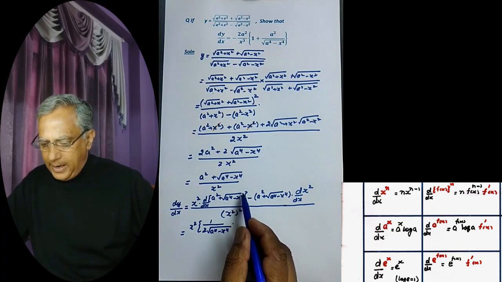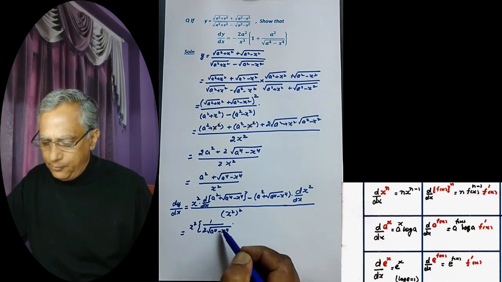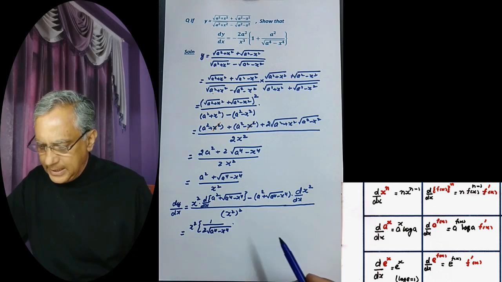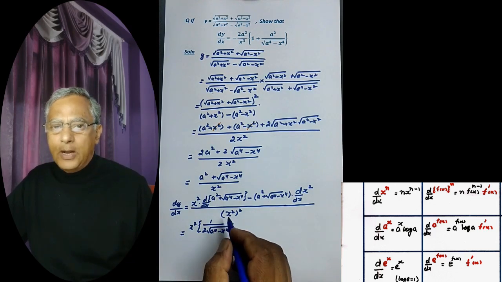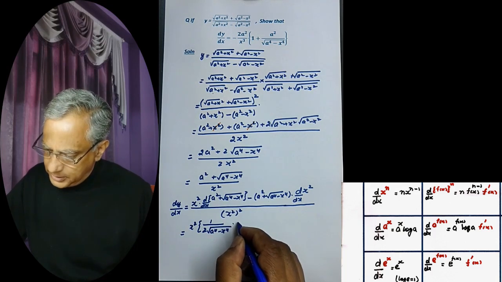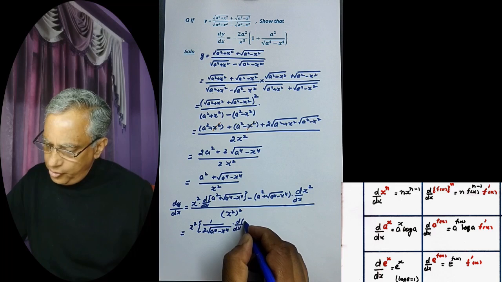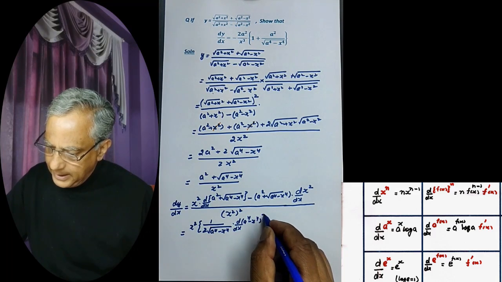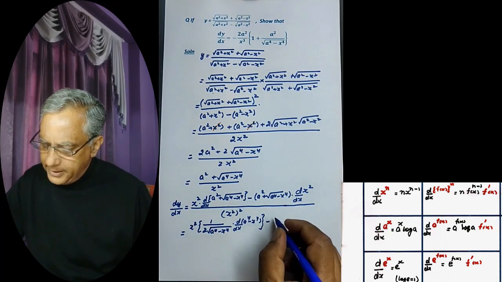This will be (a^4 - x^4) to the power of half, so this will be half, (a^4 - x^4) to the power of half minus 1 is minus half. So we can directly write 1 by 2 root x. Differential of root x is 1 by 2 root x. This into d by dx of inner function, d by dx of a^4 - x^4. So this term is complete.